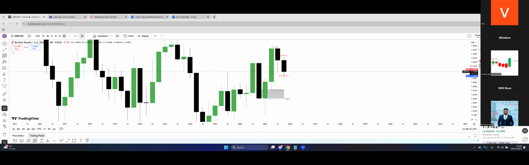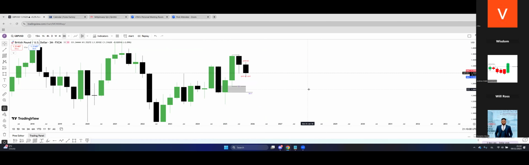And we know that price is seeking liquidity as a primary objective of the market. Then we are seeking balance, which is efficiency. You know, the meaning of balance is efficiency, it's efficient, right? And the meaning of liquidity is basically money.